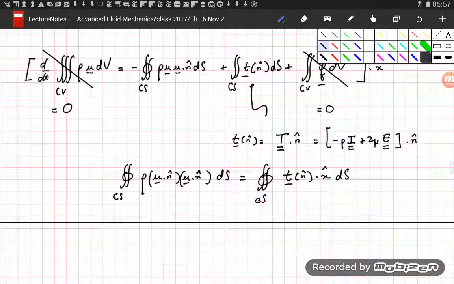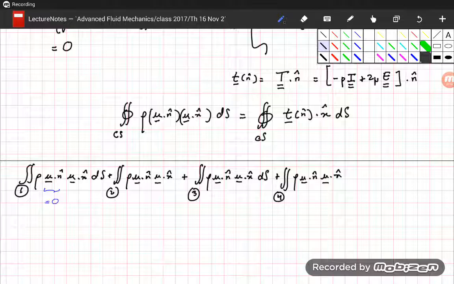And we have to look carefully at all of our surfaces. So this integral, we have to split, making sure we take into account all of the components on all of the sides of our control surface, and same for the integral of the stress vector.